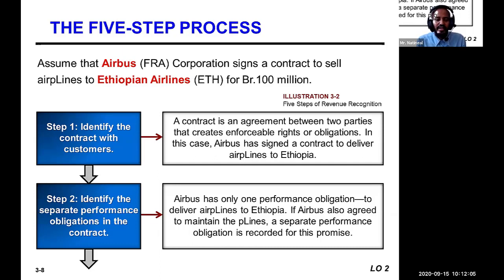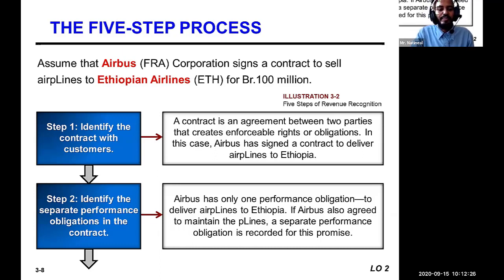In this case, Airbus has signed a contract to deliver airplanes to Ethiopia.